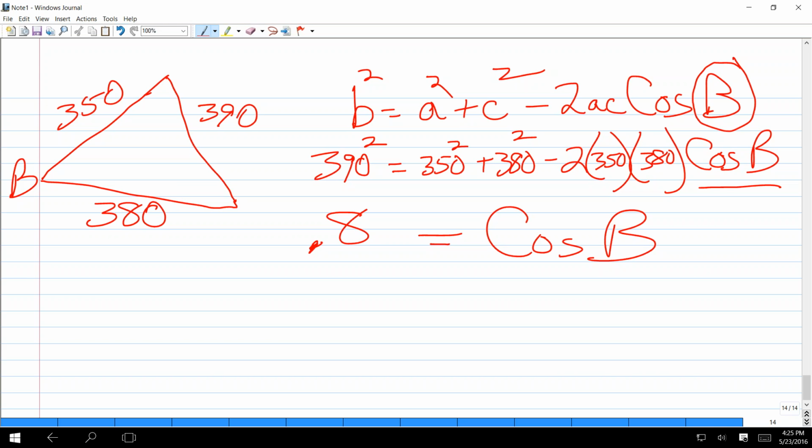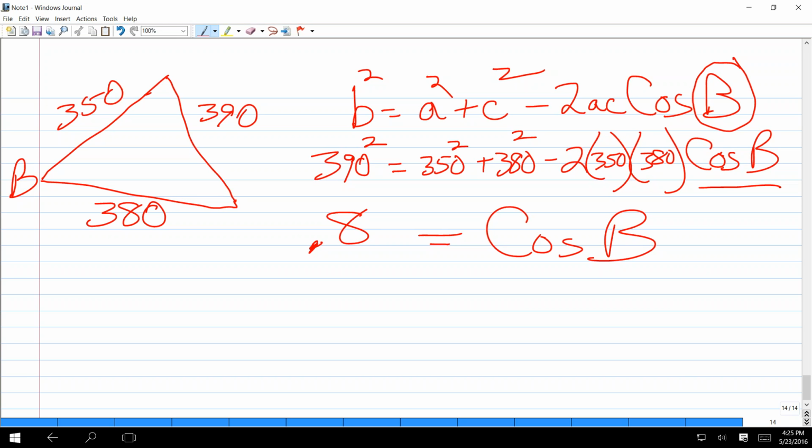One thing we could have done to simplify it a little bit is take the zeros off everything. In other words, I could have made this 35, 39, 38, and it would have had to give me the same angle B, right? Having the triangle be just 10 times bigger doesn't change angle B. So I could make the math a little simpler by dropping all the zeros, but I'm still going to end up having to do it on a calculator.